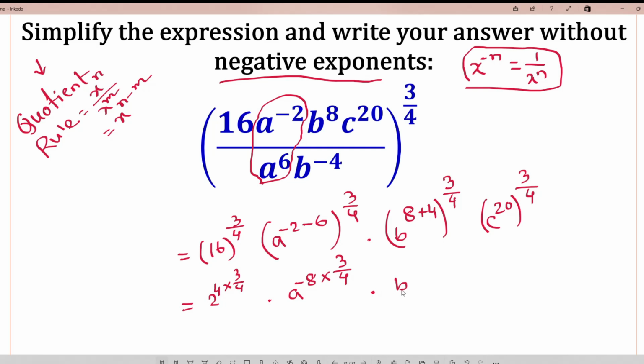Then here is b to the power 8 plus 4, it means 12, and here is 3 by 4. Finally c 20 times 3 by 4. Look, why can we use the multiply sign? Here is a to the power n to the power m, we can write a to the power n times m.